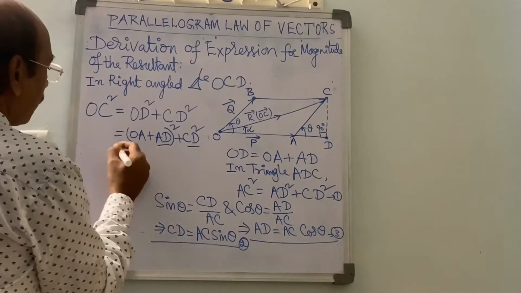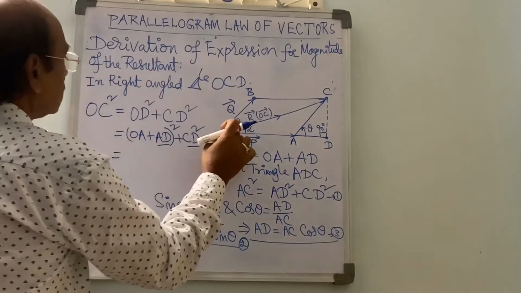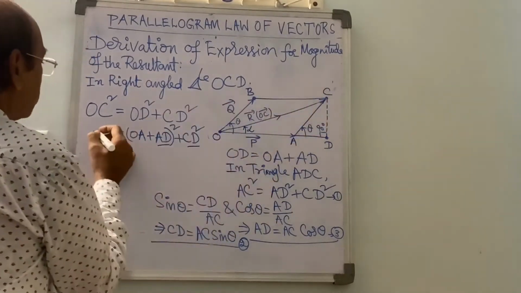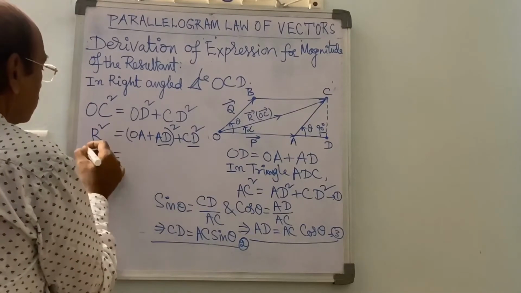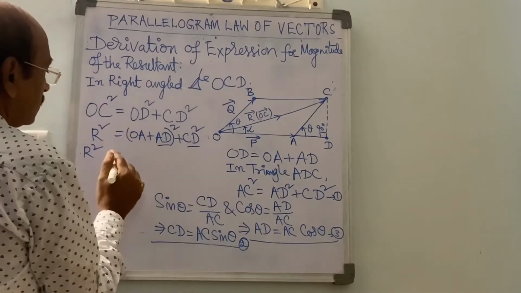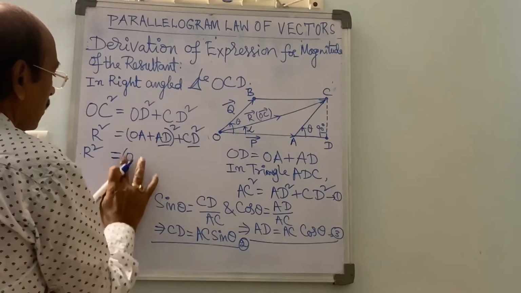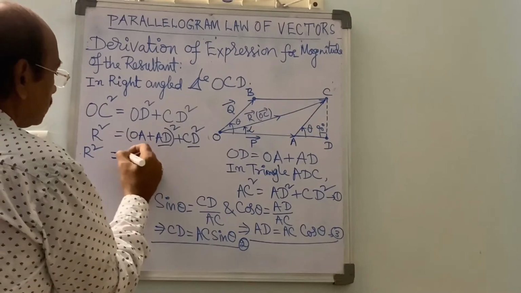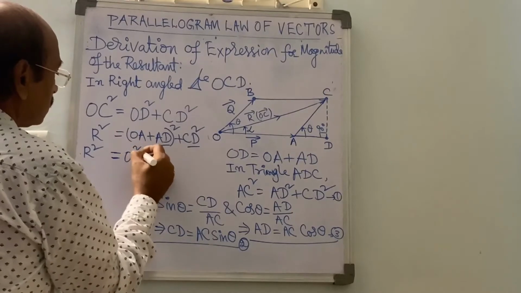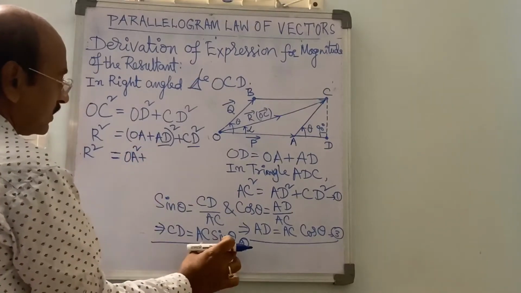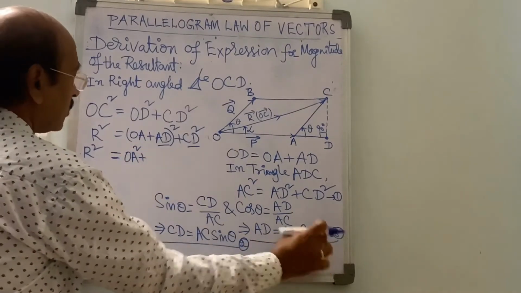So this OC means R square, equal to OA plus AD whole square, where AD is AC cos theta.